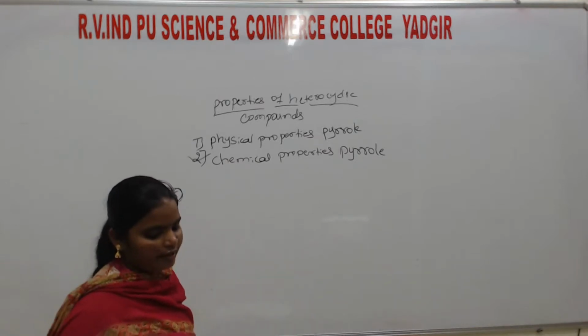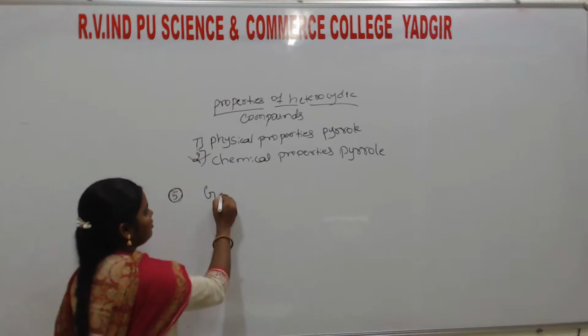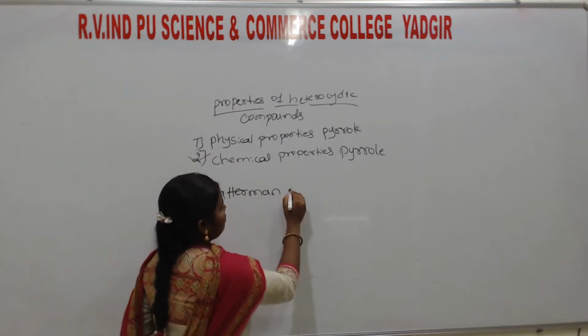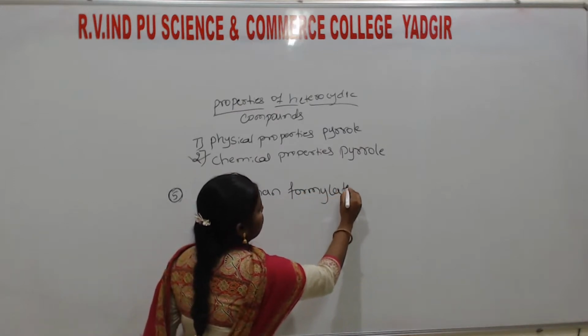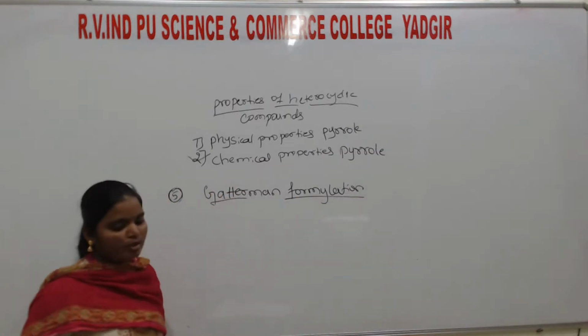The fifth one is Gattermann formylation.